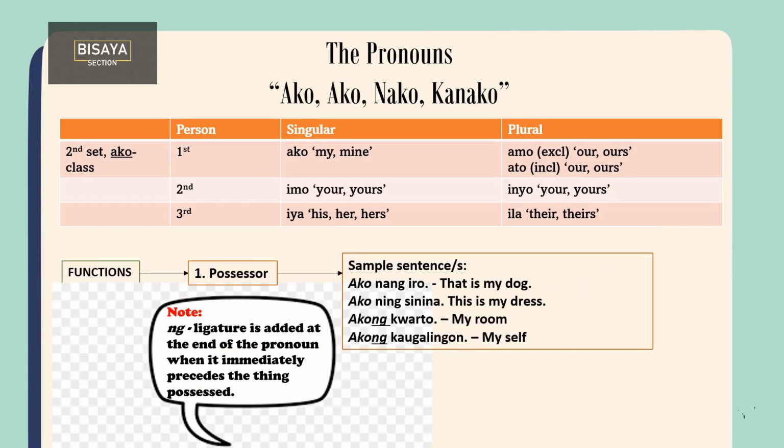Okay, so we are now on the second set in the personal pronouns, and the second set is pronounced as ako. Ako refers to my or mine, and one of the functions of ako is being a possessor.